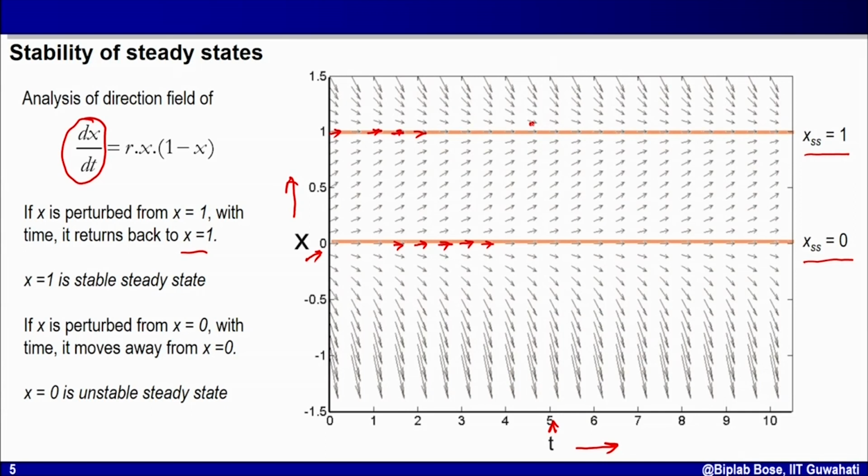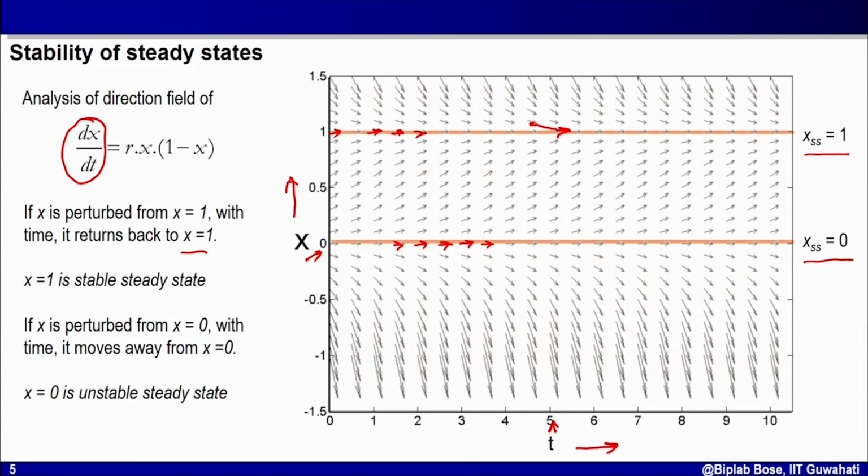The question is, if I leave x there and allow it to evolve with time, what will happen to x? As I see the arrows, as I have pulled x here, following these arrows, x will fall back to x equal to 1.